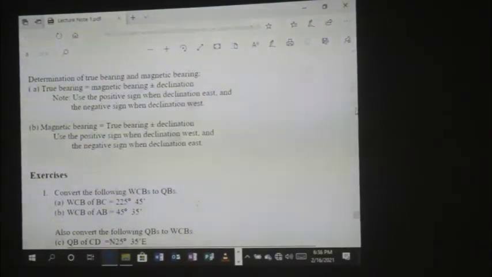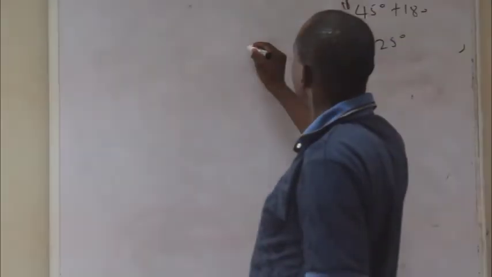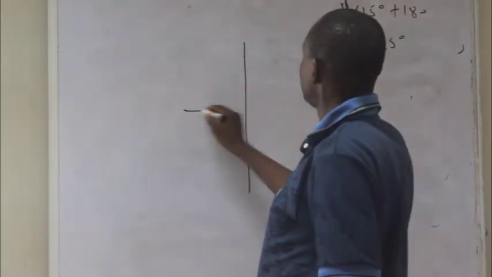So it means we can convert. If you are given magnetic bearing, you can determine the true bearing if you know the declination of that place. So that is that possibility.